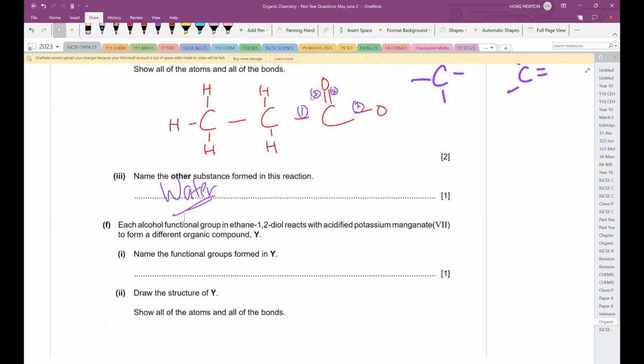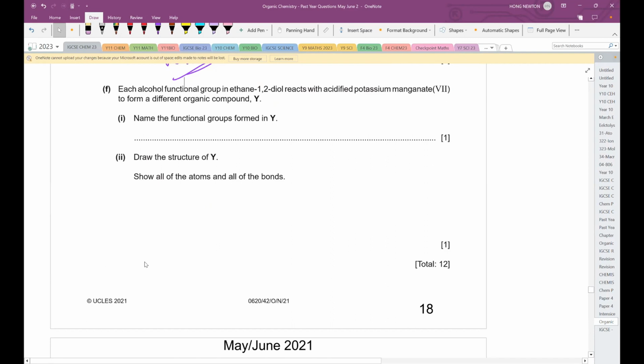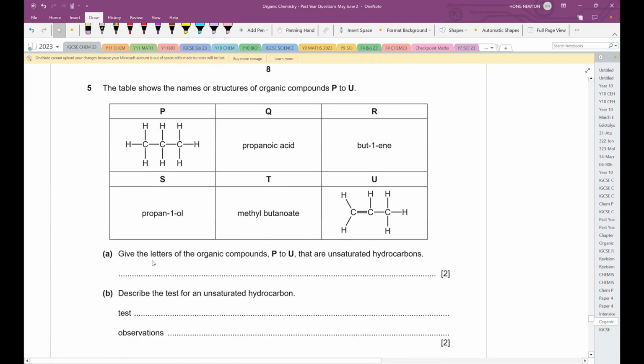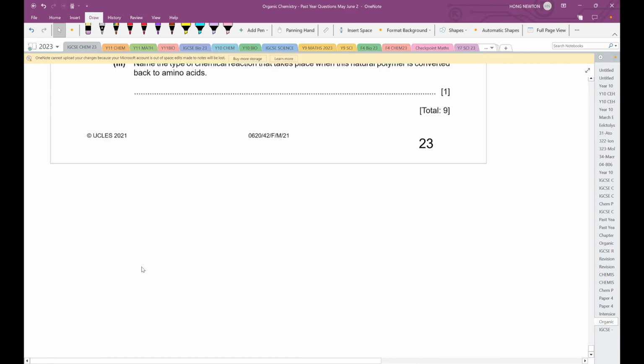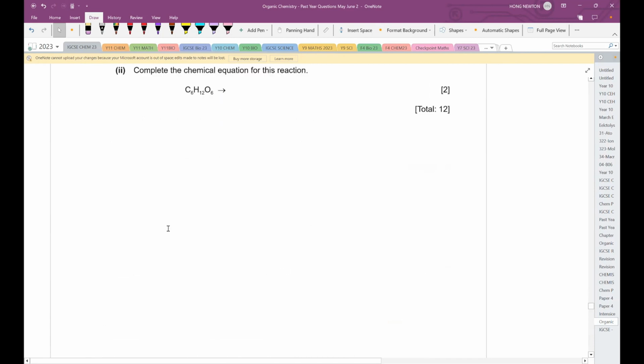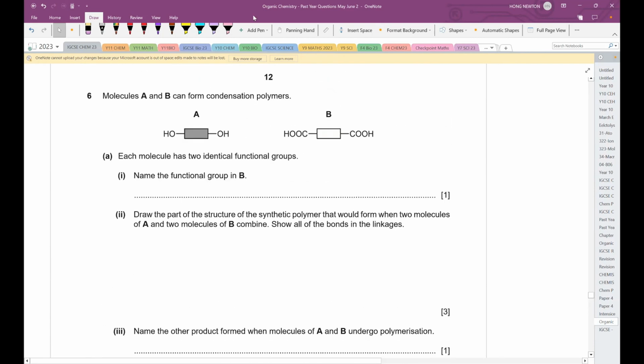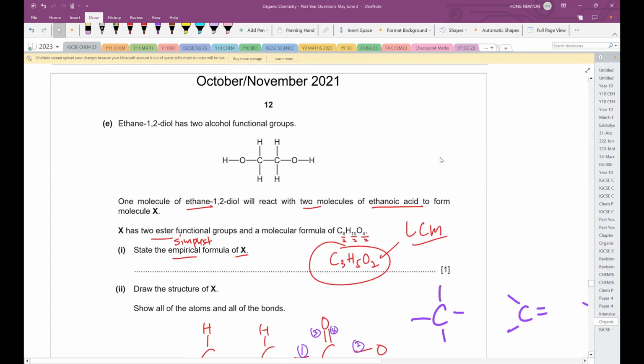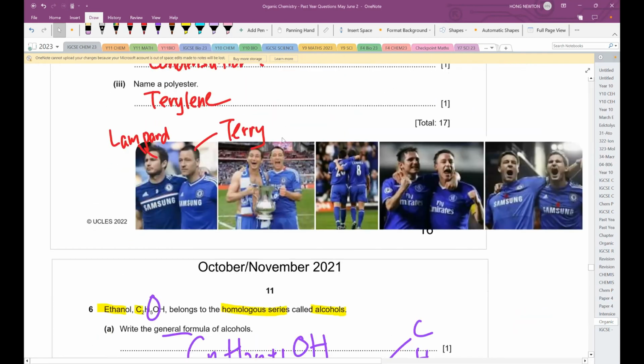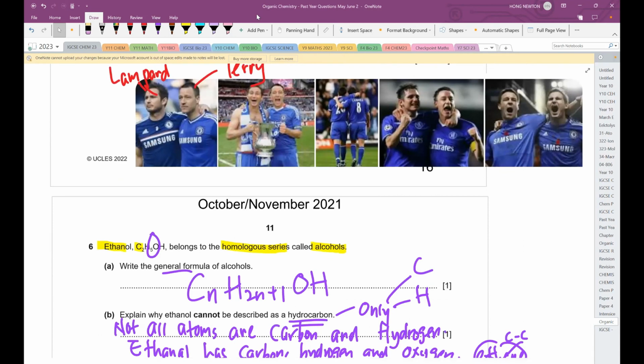You try to do the rest of the questions, then maybe in the next class we can discuss the answers. Because the exam is coming, this month we are going to organize a few extra classes for you, for chemistry especially.